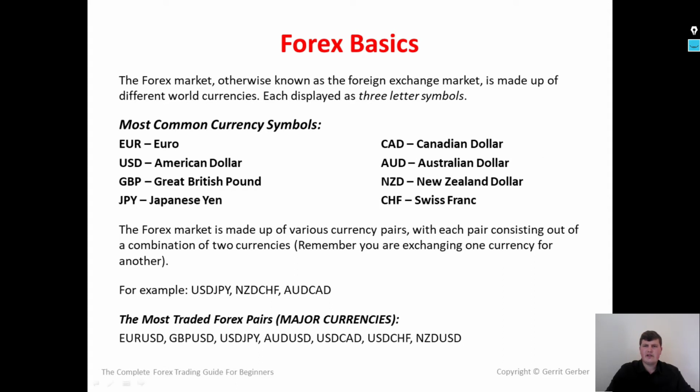They are also known as the majors. And all the pairs that don't contain the American dollar in them, like the New Zealand dollar, Swiss franc, or the Australian dollar, Canadian dollar, are the minor pairs. So the Forex market is made up of the major currency pairs and the minor currency pairs.